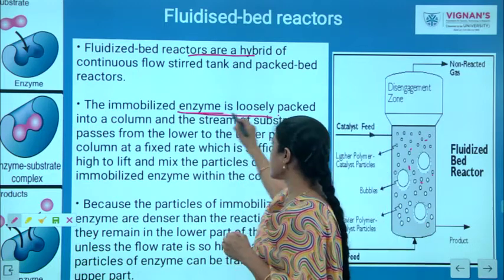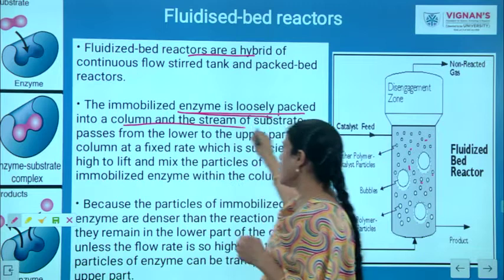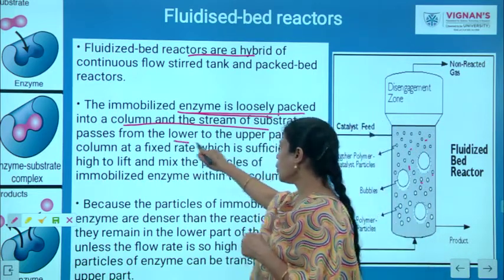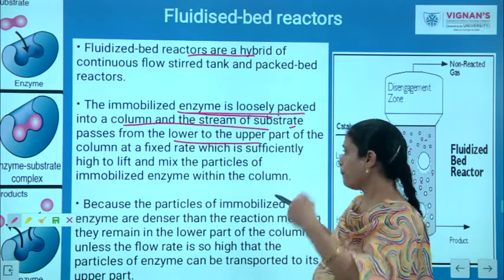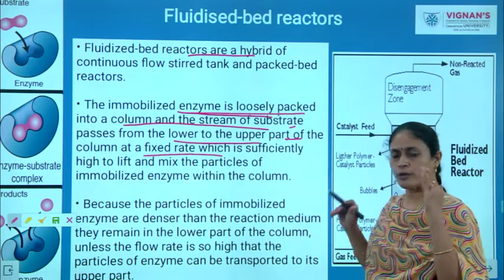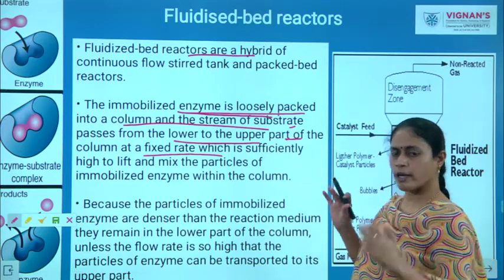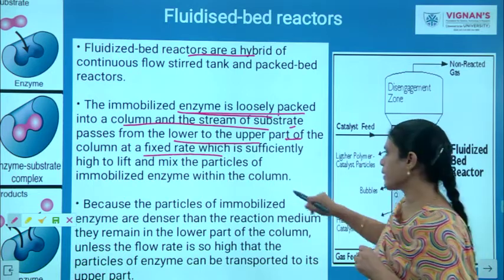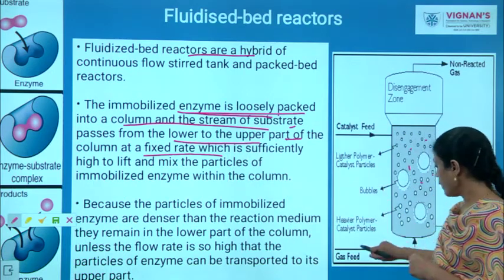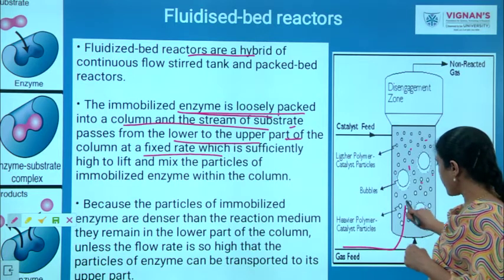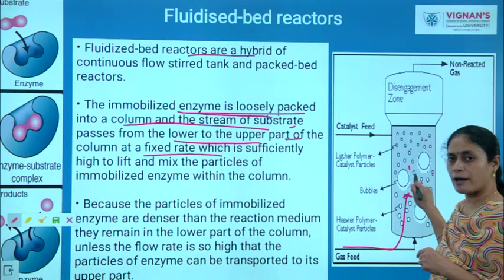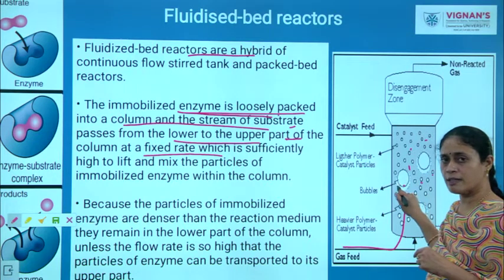So the immobilized enzyme is loosely packed into the column and the stream of substrate is passing from the lower end to the upper part of your column at a fixed flow rate. So we have fixed the exact flow rate of your substrate, and because of this fixed flow rate, your substrate is continuously moving into your column.